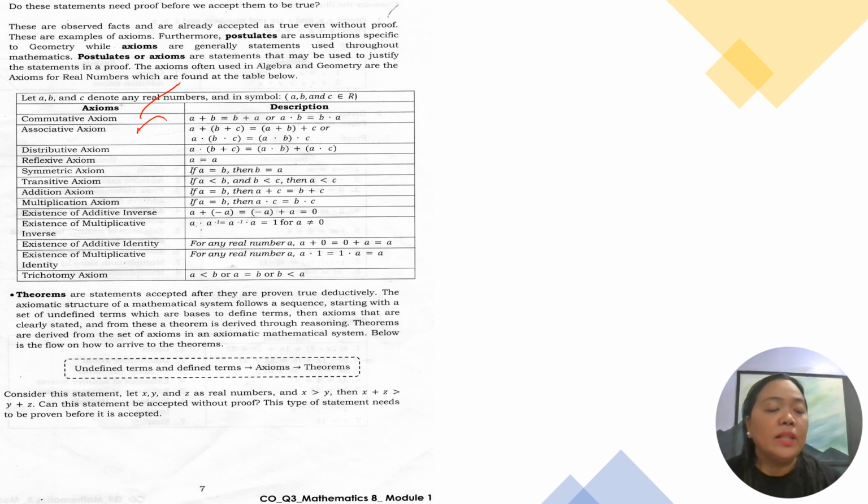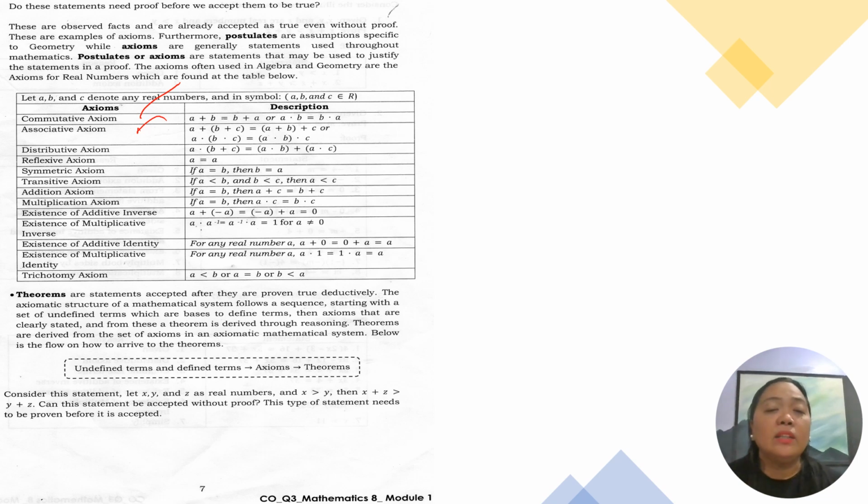If A is greater than B and B is greater than C, then we can say that A is also greater than C. In your module there, we can say A is less than B and B is less than C, then A is also less than C. The same goes if A is equal to B and B is equal to C, then we can say A is also equal to C by the transitive axiom.